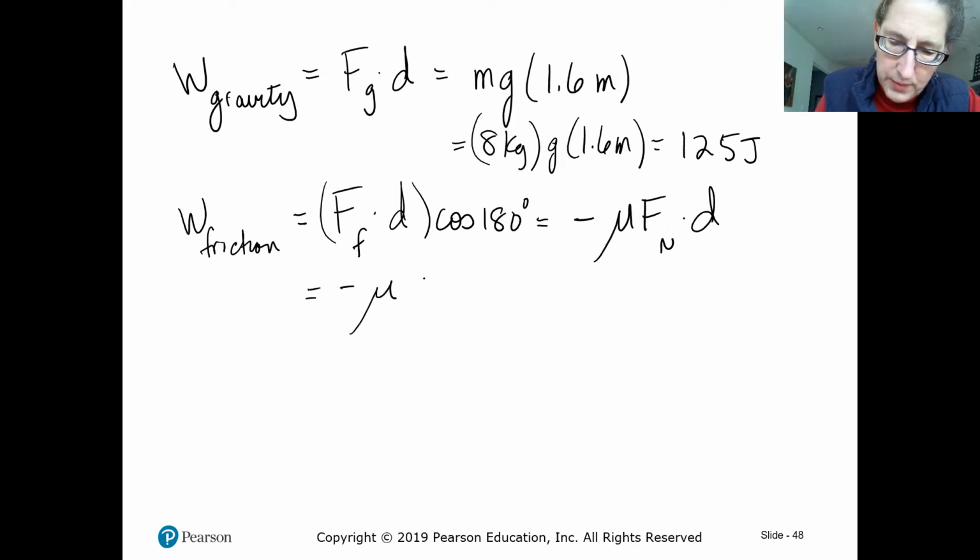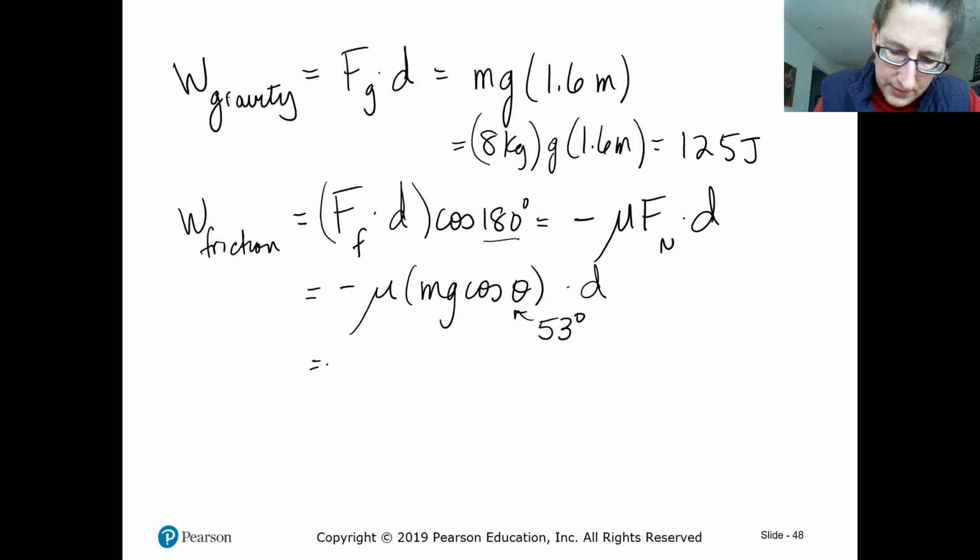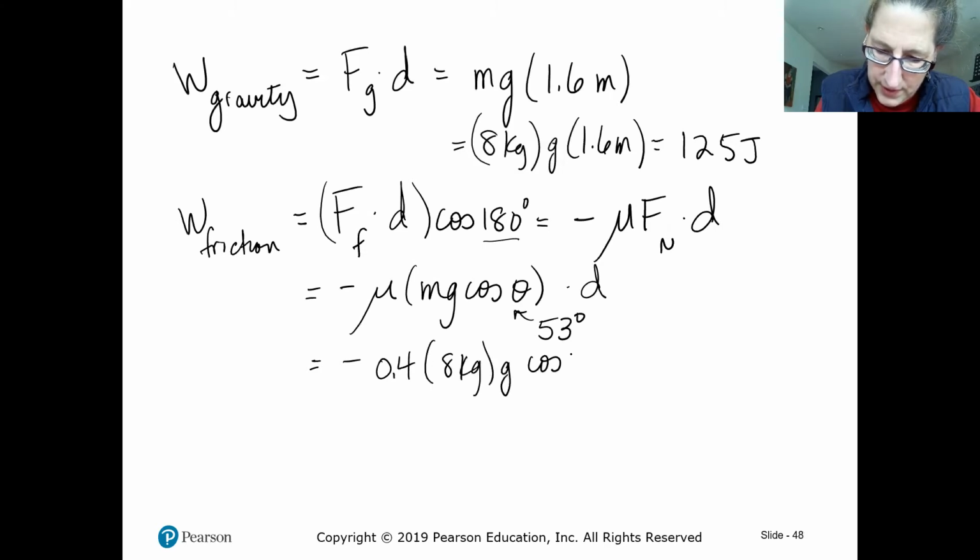It's the in-slope component of gravity, so it's mg cosine theta. Now this theta is not the 180, this is the theta of the incline, that would be 53 degrees. And then times d, so this would be negative 0.4, the coefficient of friction, times 8 kilograms, g, cosine of 53, and then the distance along which the thing is dragged, 2 meters. So this turns out to be negative 37.7.